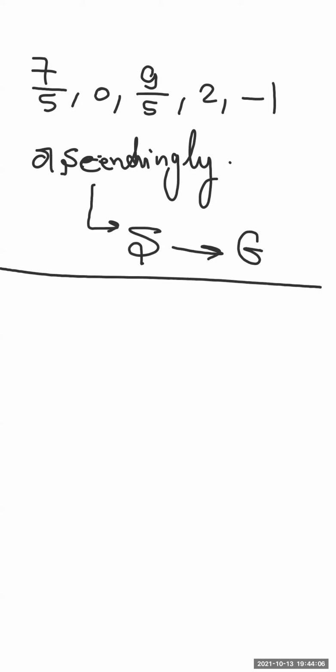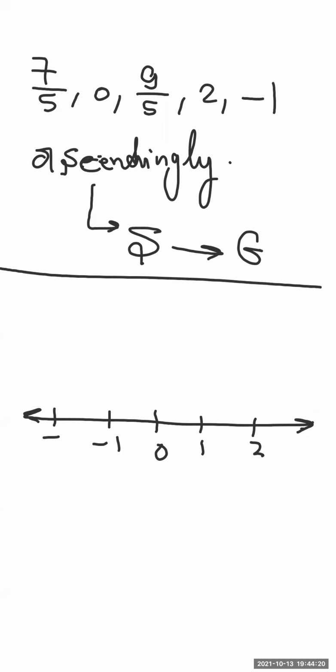So first I want to represent these numbers. This is the number line. If this one is 0, this one is 1, this one is 2, and this one is negative 1 and negative 2. How do we represent the first number, 7 over 5? By using the calculator, we find it equals 1.2.